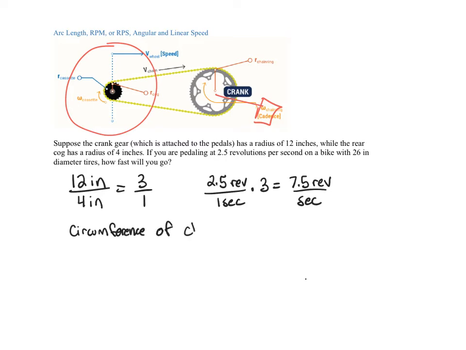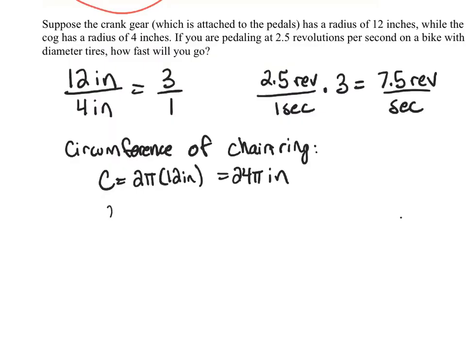of the chain ring, we would say the circumference is 2 pi times the radius of 12 inches, or 24 pi inches. Now we use the fact that it's going to move 24 pi inches per 1 revolution, and that it is going 2.5 revolutions per 1 second.